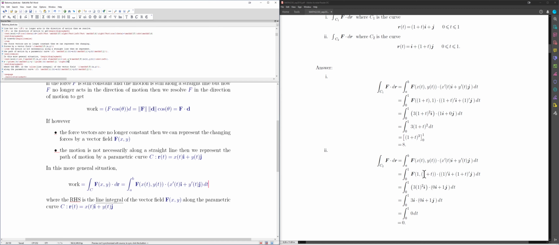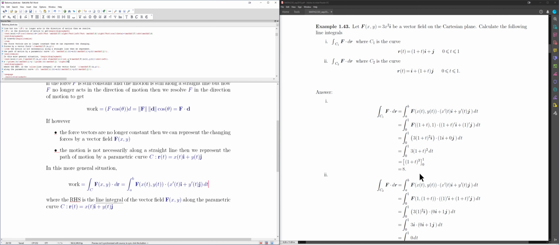Now over here, what are you doing? This means wherever you see the x, you replace it by x of t, and the x of t in this case is 1. And wherever you see y, you replace it by 1 plus t.